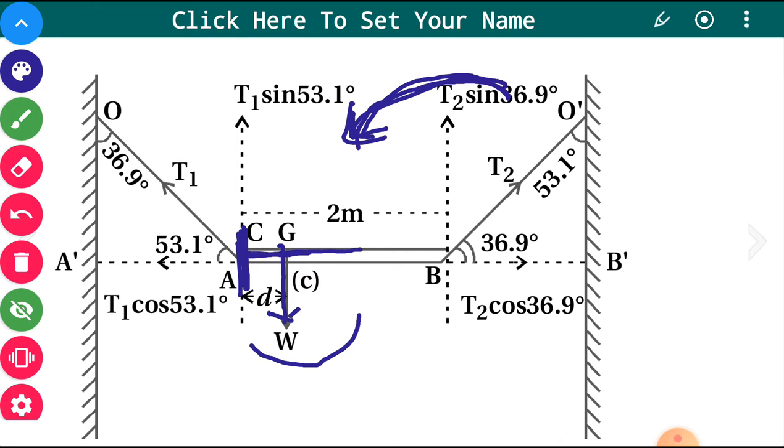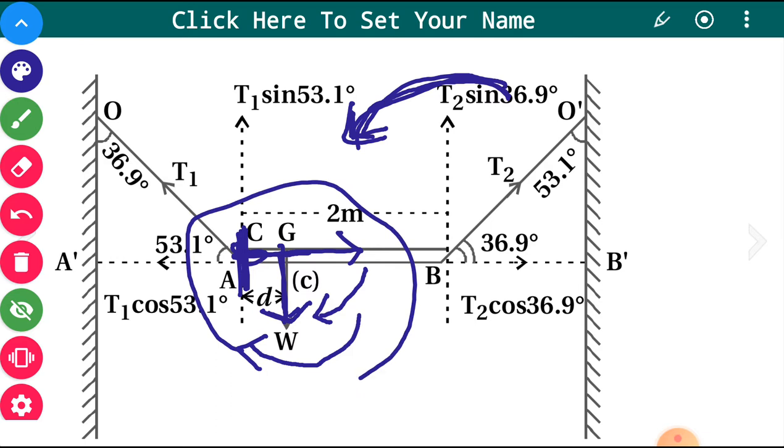Because the reference point is A, this is our position vector, and this is the force. So if you rotate r cross F, then that will be in the clockwise direction. So one torque is in anti-clockwise direction, the other torque is in the clockwise direction. Both the torques are opposite to each other, so one is positive, the other one is negative.